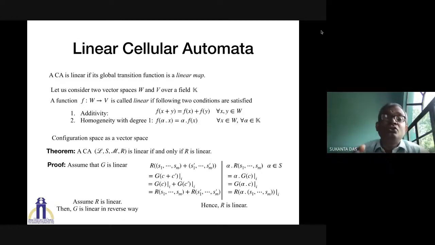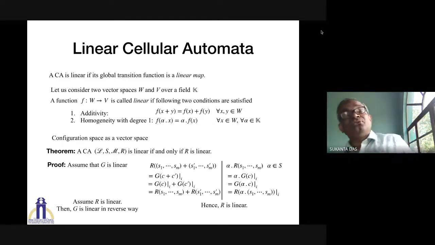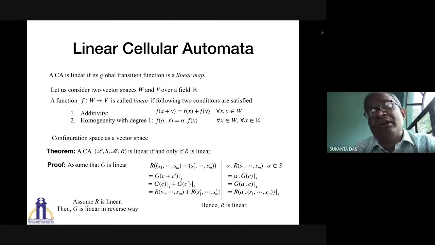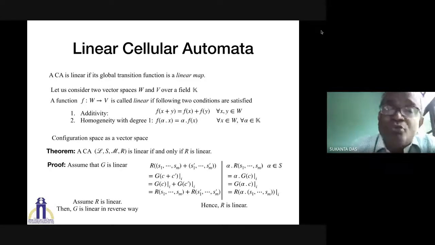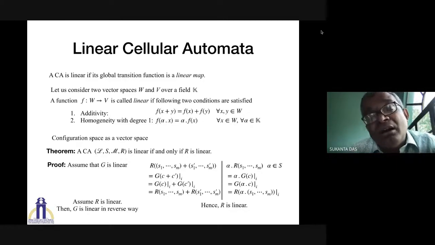Therefore, to see whether a CA is linear or not, we need to test only whether R is linear or not. Right? And what is the advantage of considering this linear cellular automata? The advantage is you will have the support of matrix algebra and vector space, linear algebra, to characterize the cellular automata.